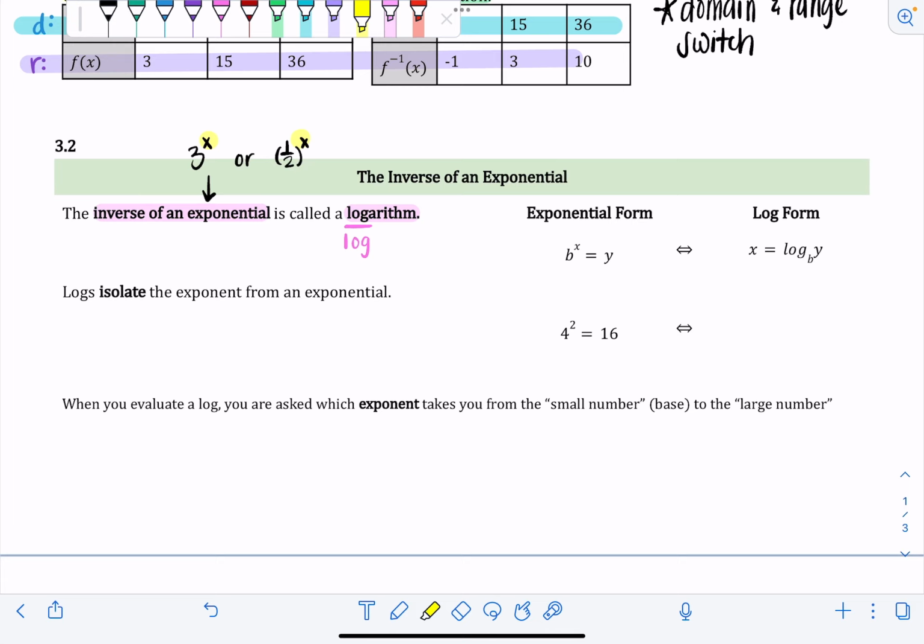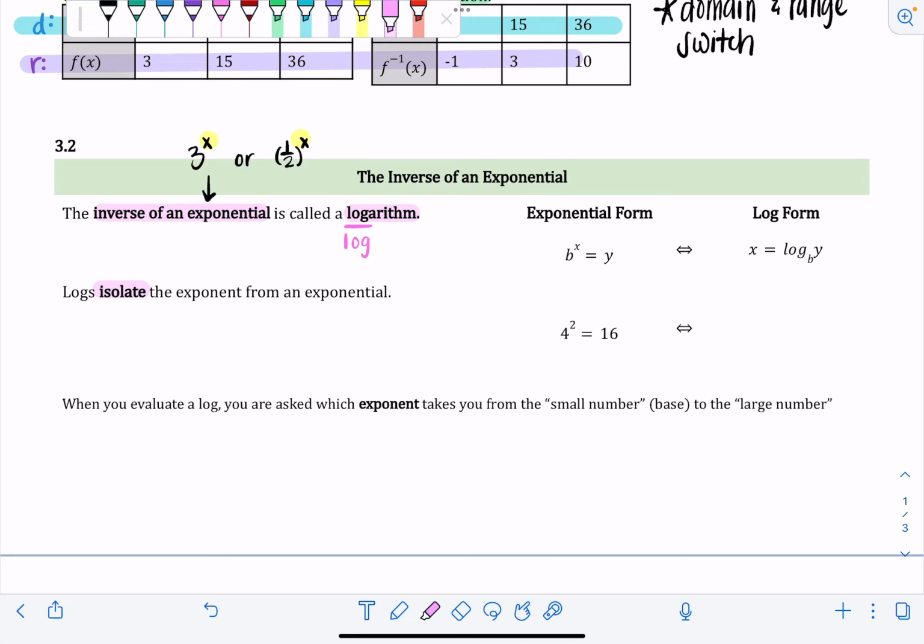But the inverse of an exponential is a log, and the goal of a log is to isolate the exponent from an exponential. And I will say sometimes when we're evaluating logs, you will see exponents that aren't just variables, but the purpose of the log is to isolate and solve for an unknown variable.